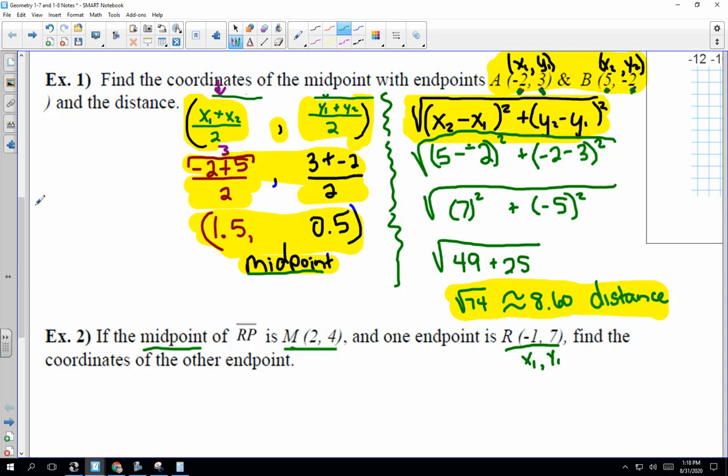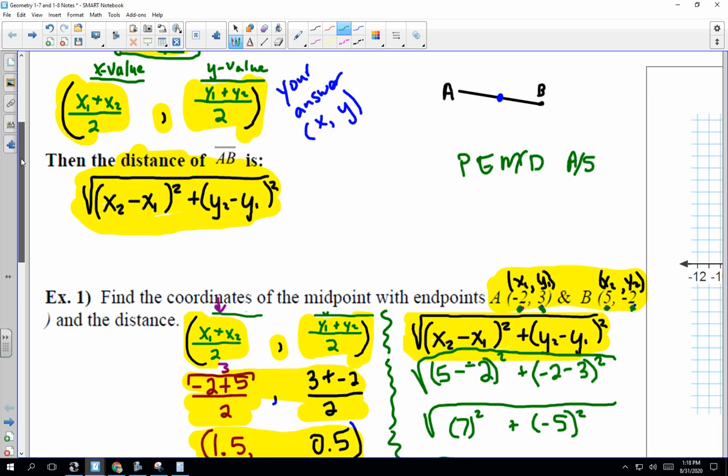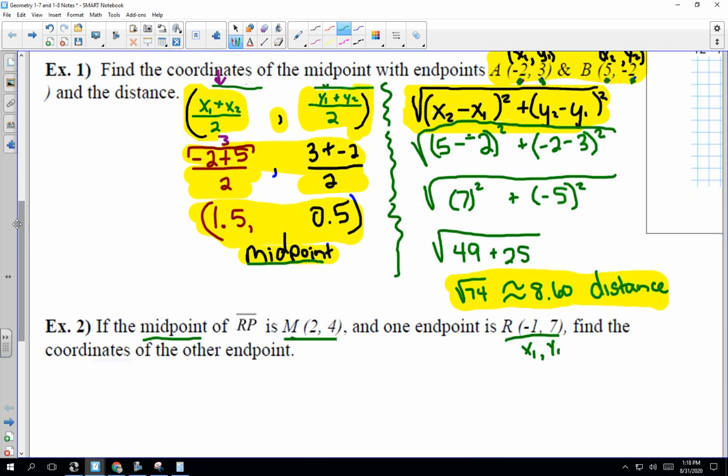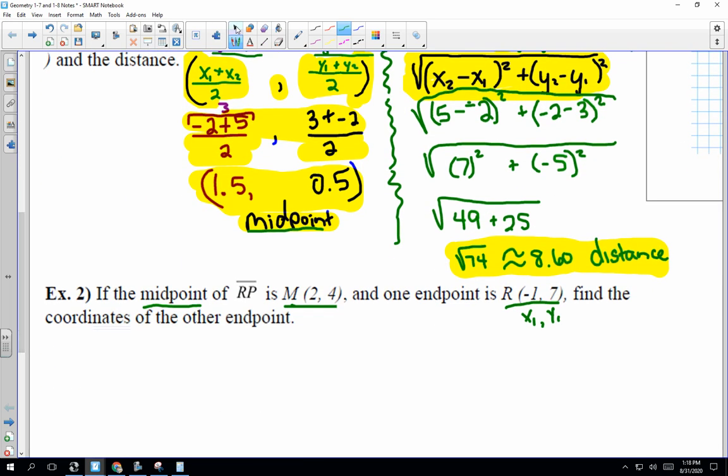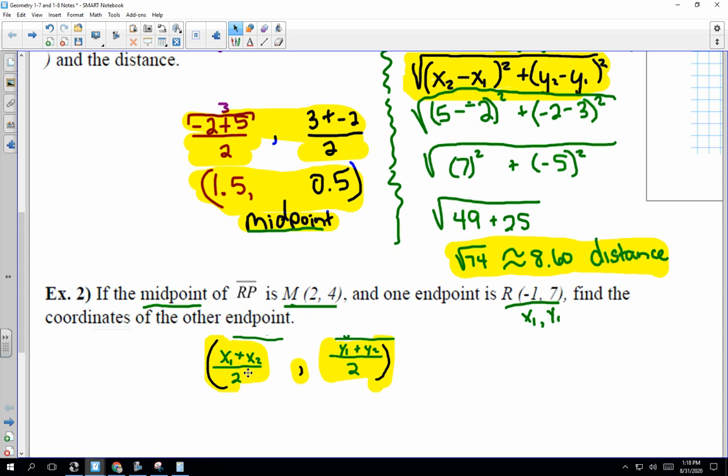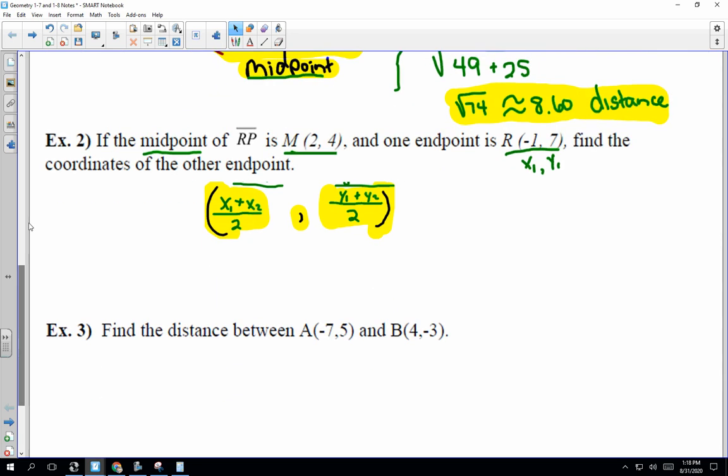So remember, I'm going to pull that. Let me pull the formula down. So I know that this and this are the same.